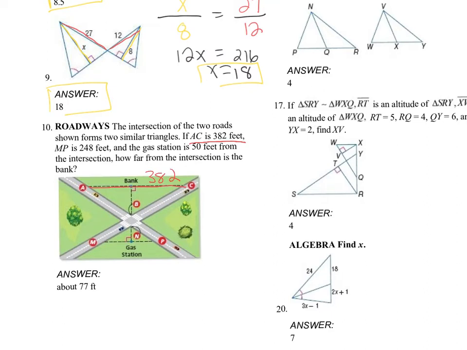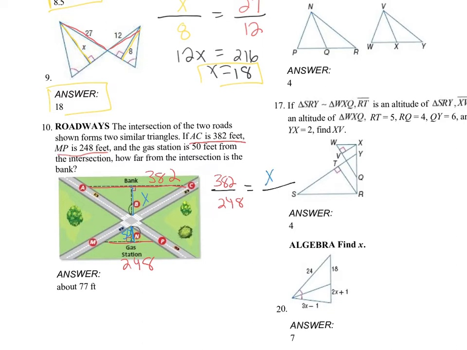And then mark this part off here as 248. And that is going to be the first part of my proportion. And then my second part, we're told that this right here is 50, and this is what we're looking for.